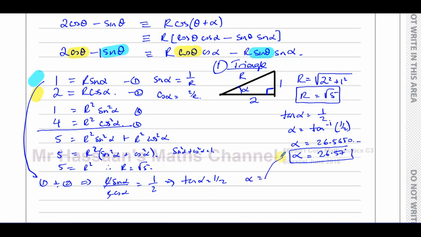Therefore, alpha equals the same answer. So this is an alternative way by squaring the equations. Same answer that way. Personally, I like the triangle method better, but they're both fine. So I showed you both ways.